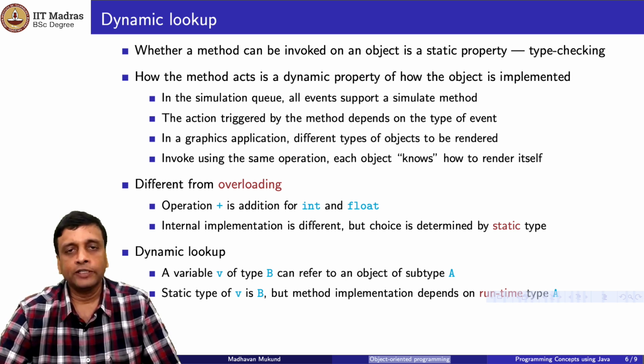One of the properties of subtyping, as we will see, is that you can declare a variable to be of the parent type and assign it an object of the lower type.